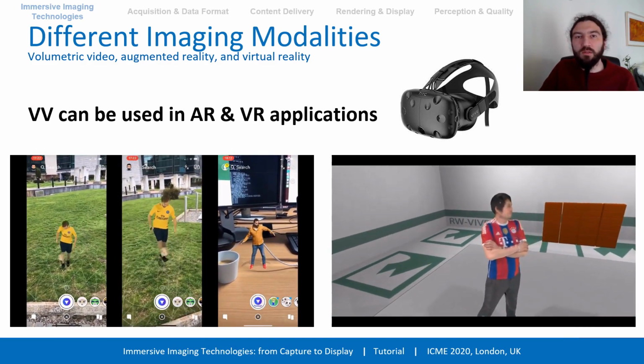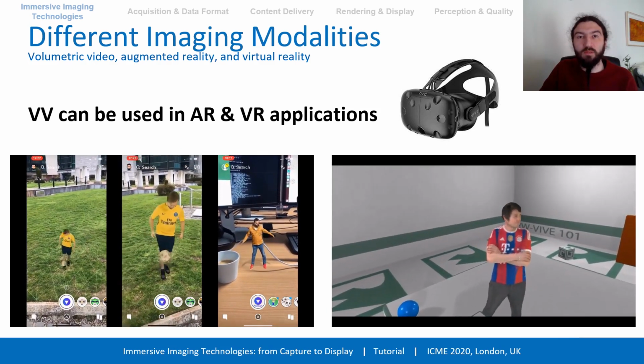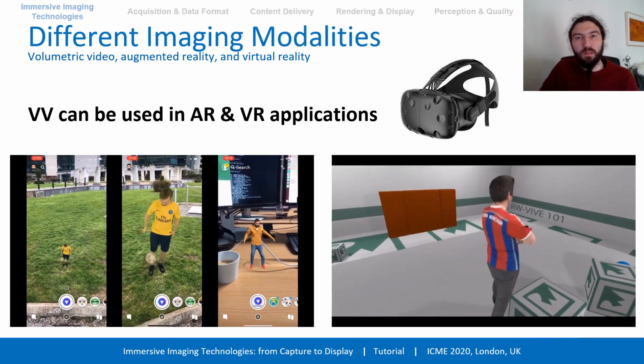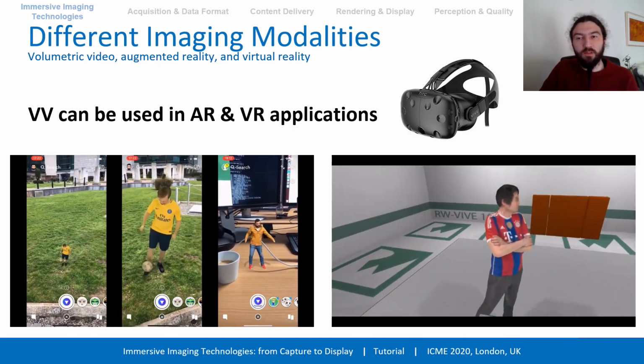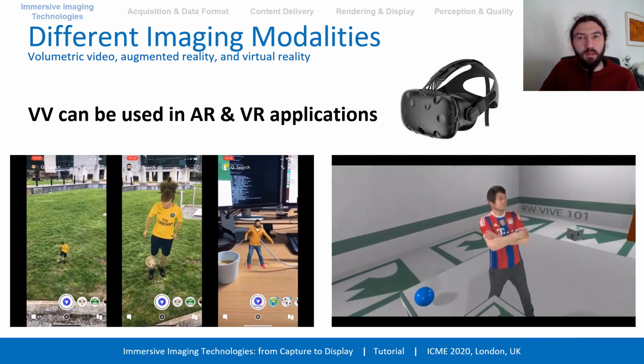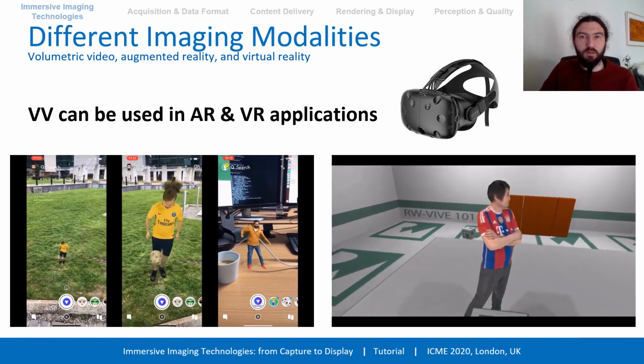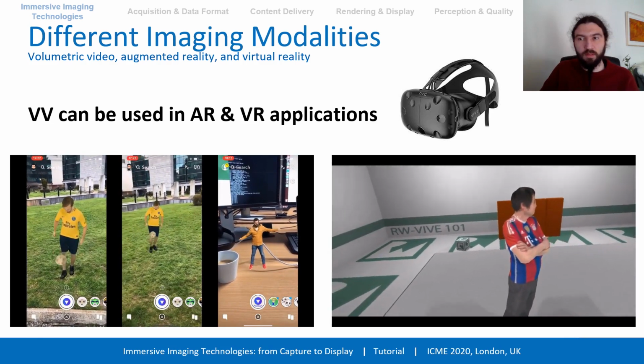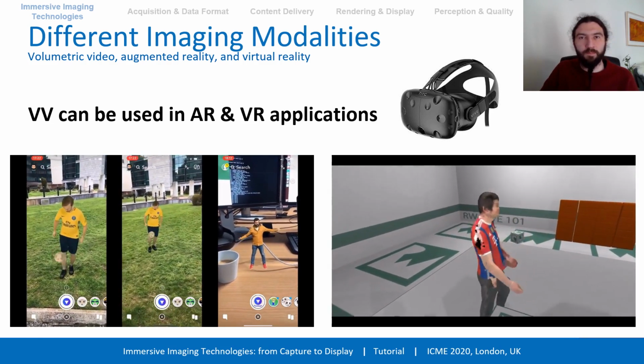And on the right, you see a very simple virtual reality environment which was visualized via an HTC Vive with a volumetric video placed within. The limitation of the volumetric video is, though, it generally looks inward and captures objects and people, but not the environment itself.